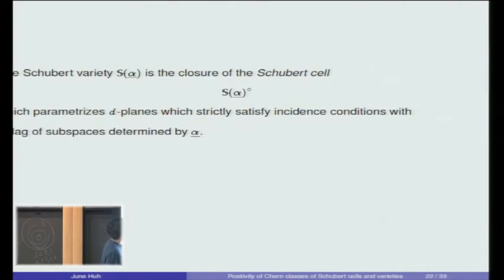So when I have a Schubert variety S_alpha, that's the closure of the Schubert cell that I'll write by S_alpha naught. And that's a collection of d-planes, which is isomorphic to an affine cell.